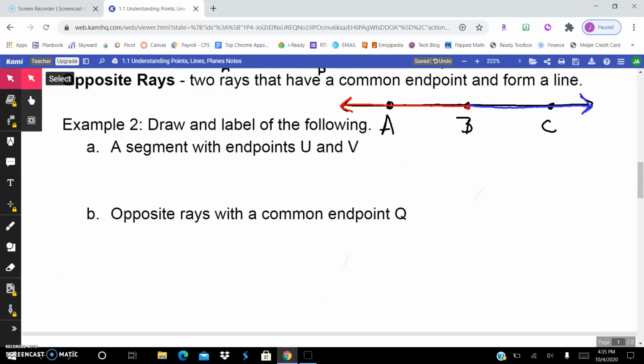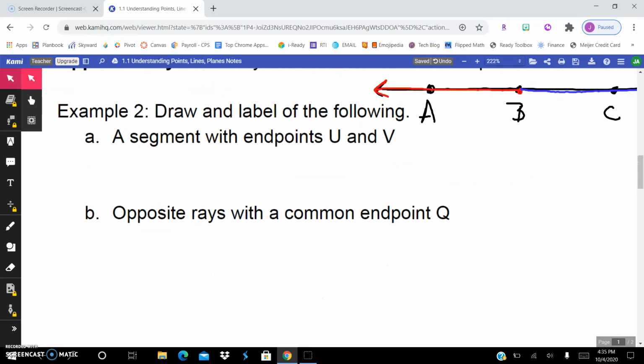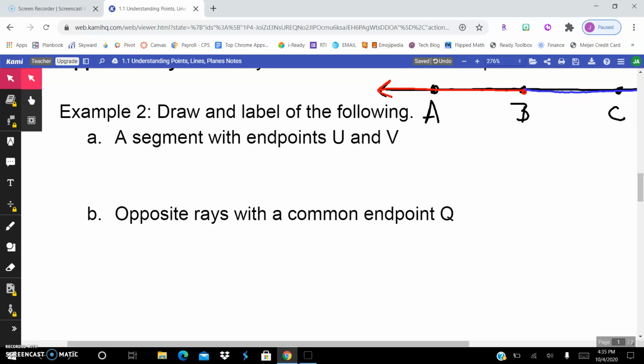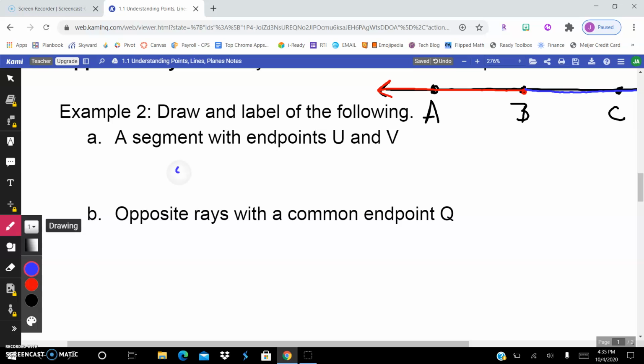So for example 2, we're going to draw and label the following. The first one is a segment with endpoints of U and V. So here's an endpoint, U and V. It's that simple. It's a segment. It stops. There's no continuing on. And we are naming those endpoints U and V like said in the direction.